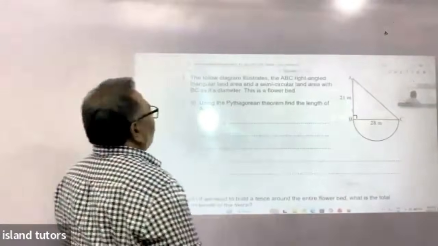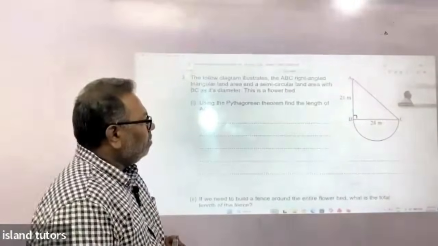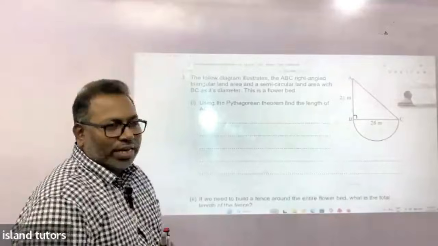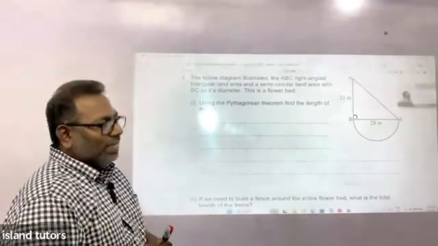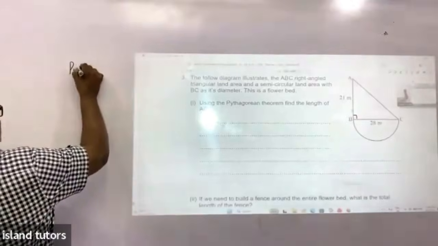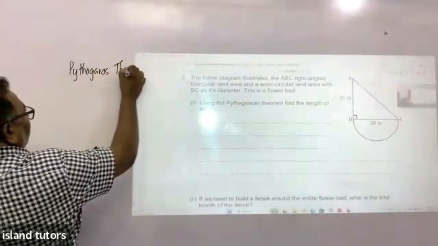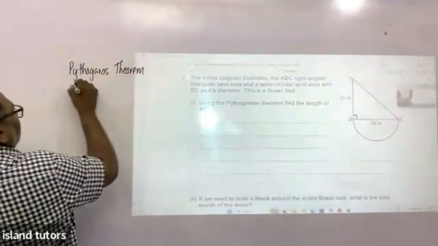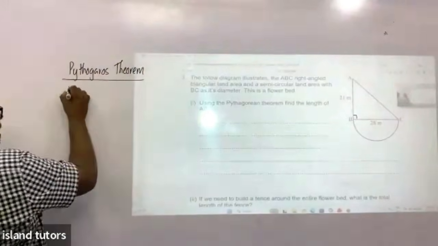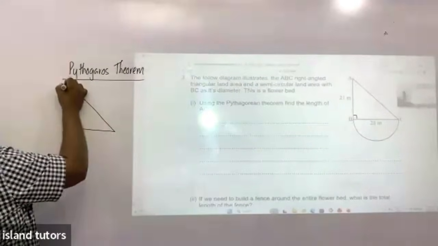Okay. Question number 1. Using the Pythagorean theorem, find the length of AC. What is your Pythagoras theorem? Pythagoras theorem is, you have a right angle triangle ABC.